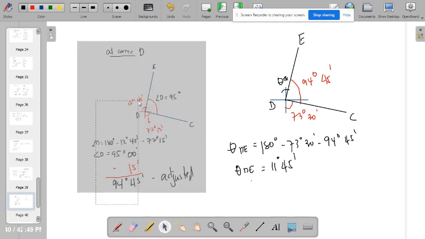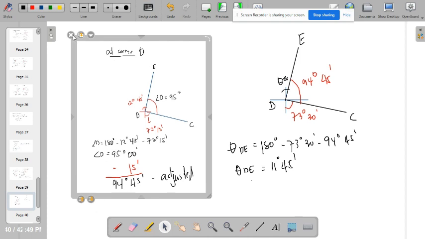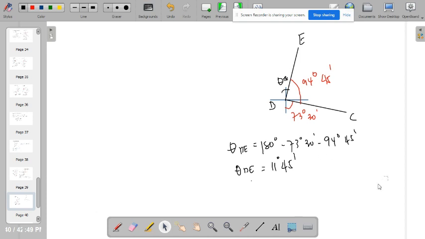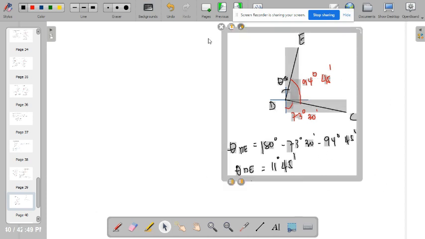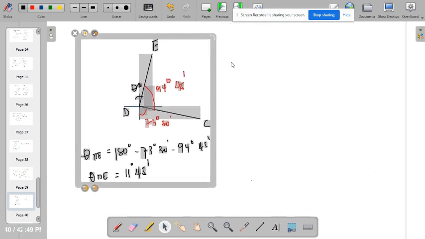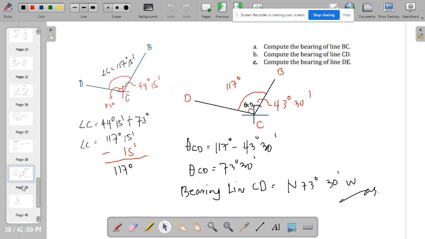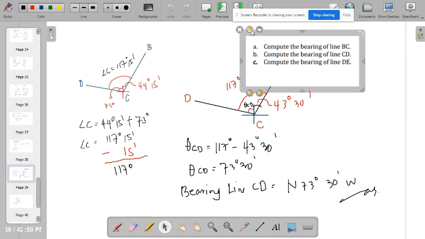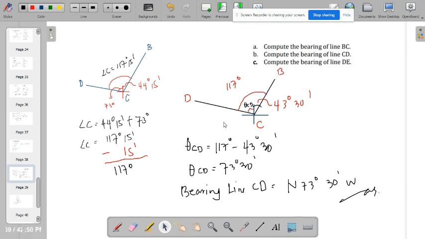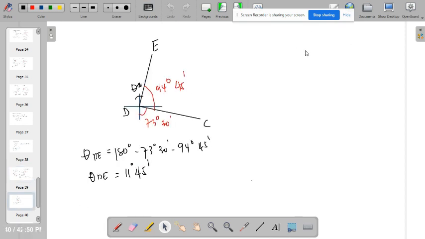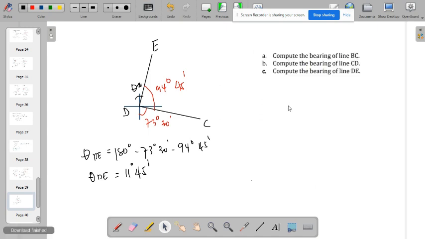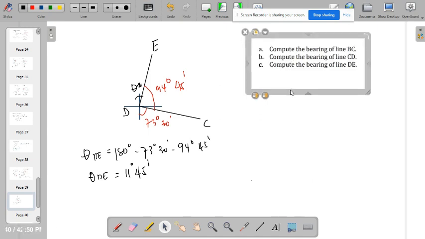We have the adjusted angle now for DE. So ano ba yung tinatanong sa atin? We are being asked to compute the DE, the bearing line. Okay.